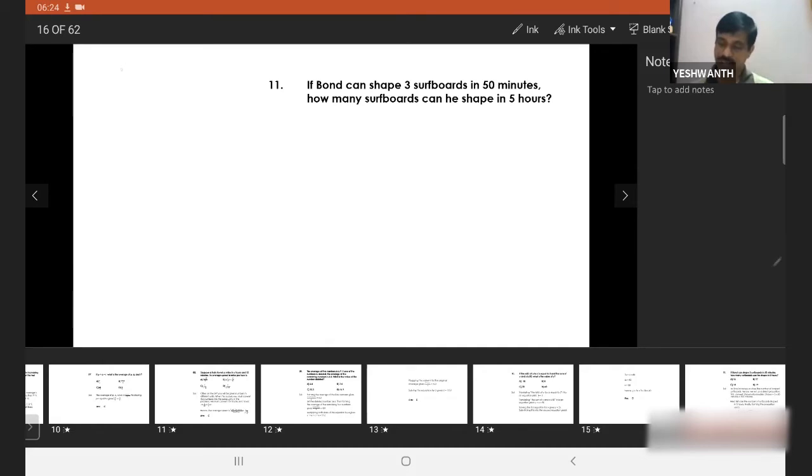Look at this. 3 surfboards in 50 minutes means 50 by 60 hours, so this is 5 by 6, or you can take it in decimals. Next, what is it that he asked? How many surfboards can he make in 5 hours?